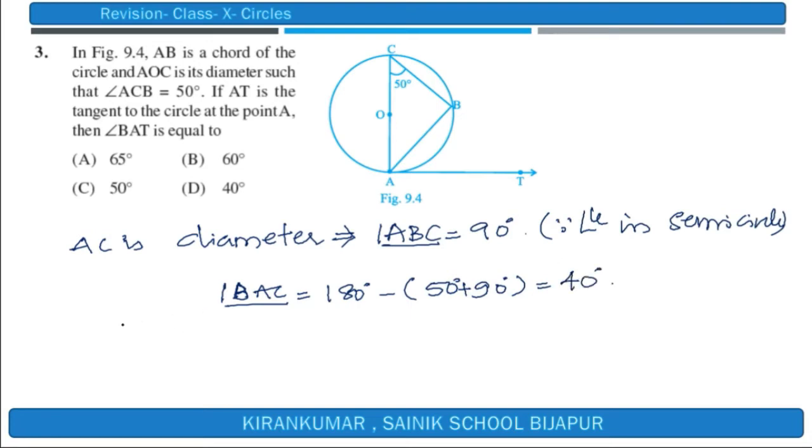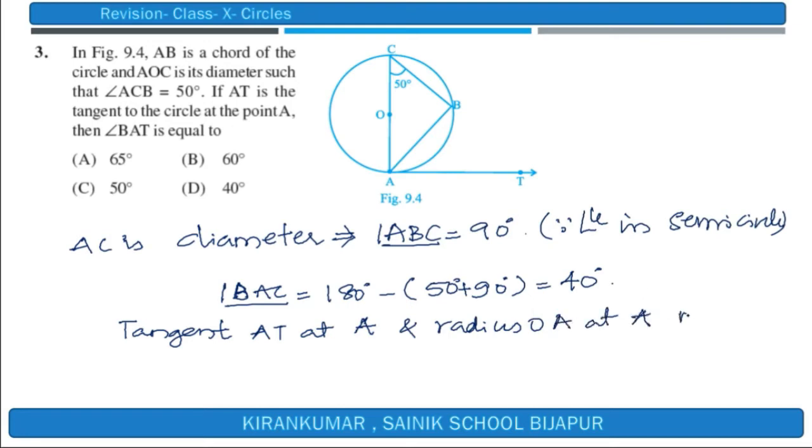Now we know that the tangent AT at A and the radius OA at A make 90 degrees. That means angle OAT is 90 degrees.